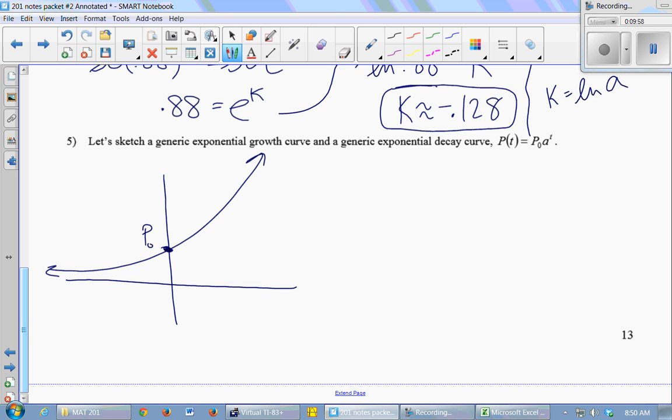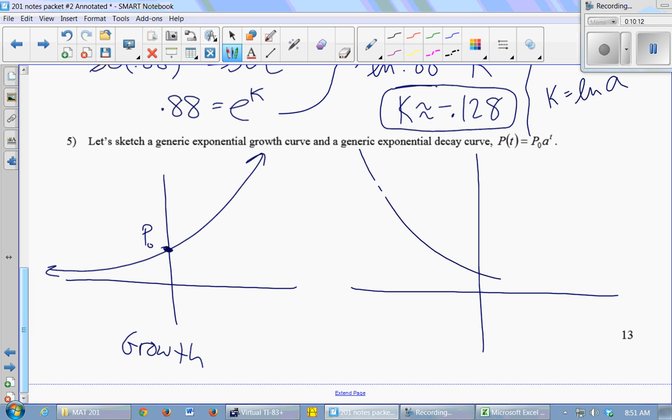So this is a growth, exponential growth. And then exponential decay, what does that look like? Right? Reflect over the y-axis. This is still p naught.